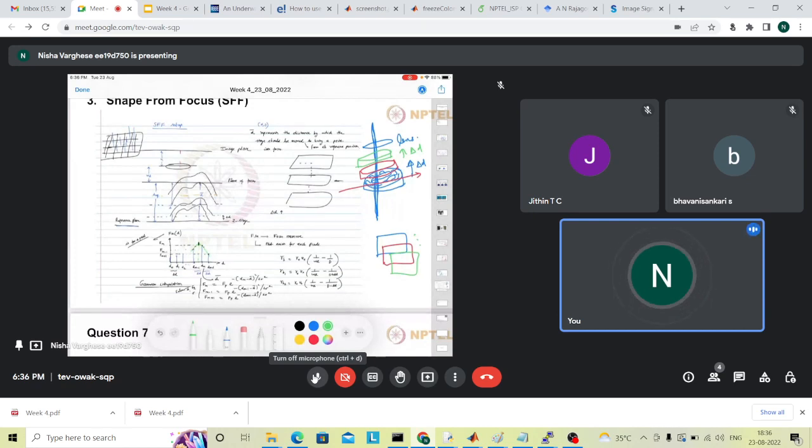At different focal distances, we'll place the object to get different images, and from those images we'll find the shape of the object. So how will we find it? If we have a stack of frames like this, we'll take one pixel here. I'll draw it like this.